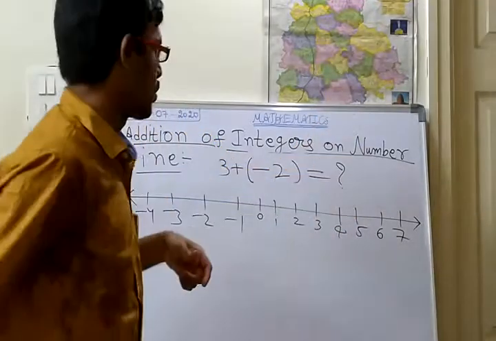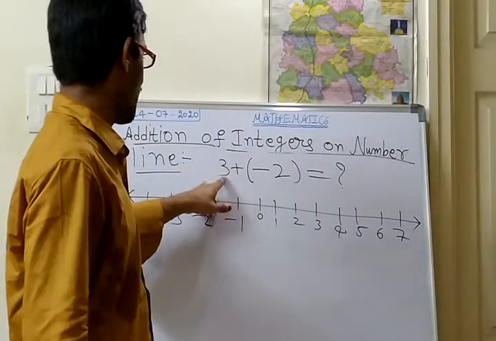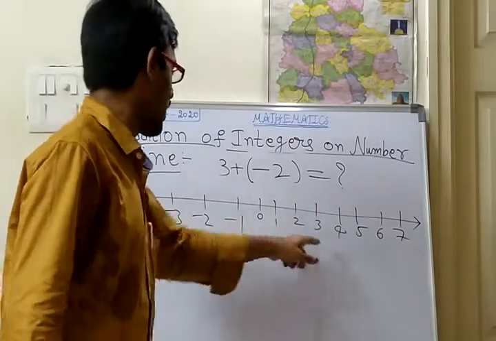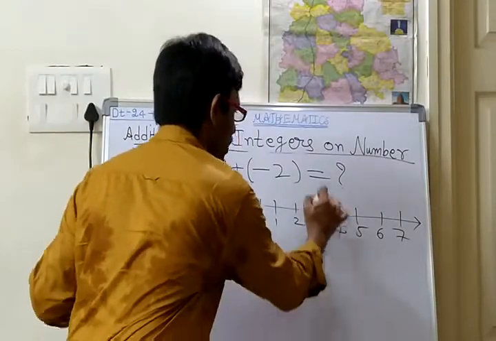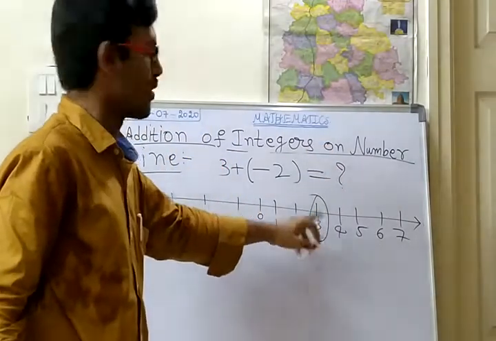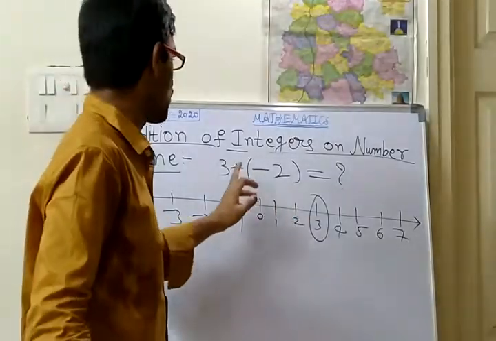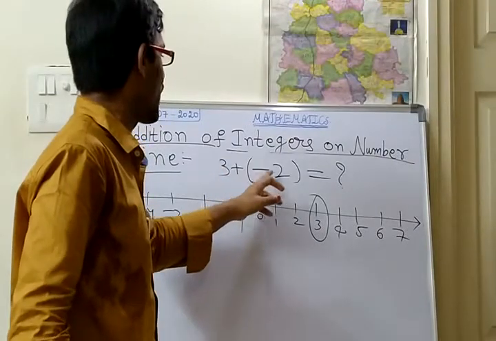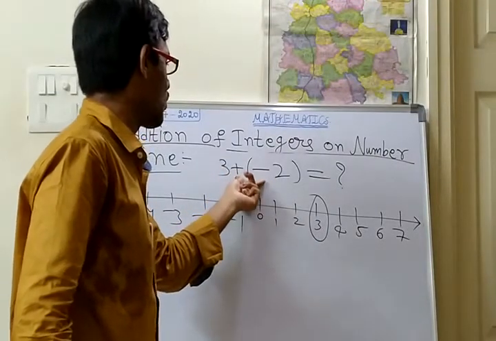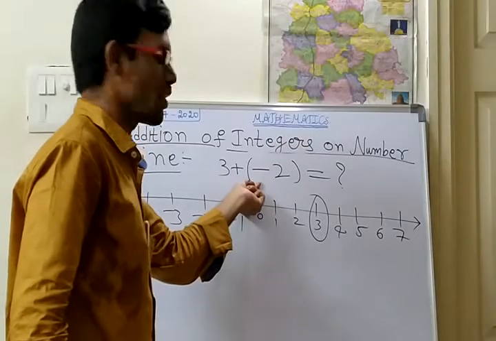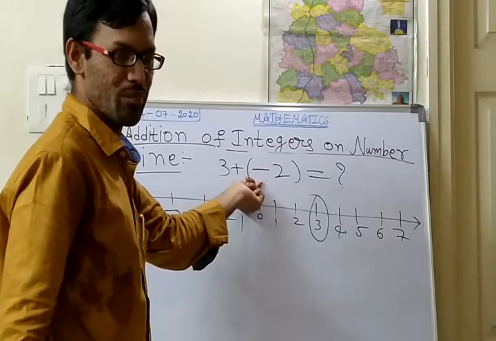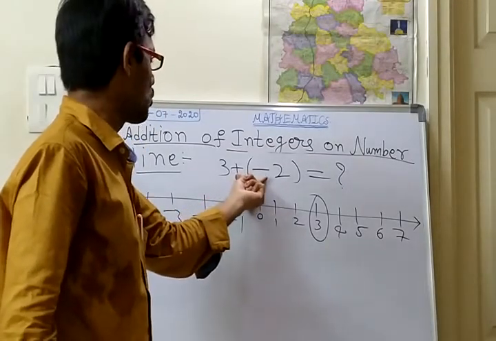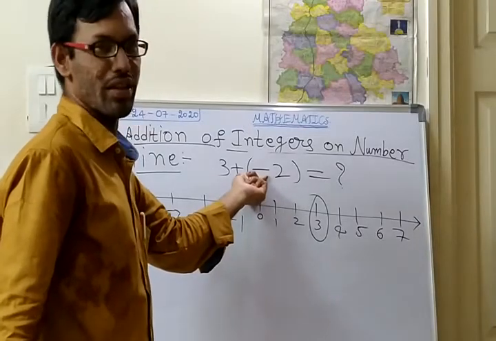So first of all, where is this number 3 on the number line? 3 is here. I think you are understanding. So 3 plus of minus 2. In between the two symbols there is a bracket, so you should multiply these two symbols.